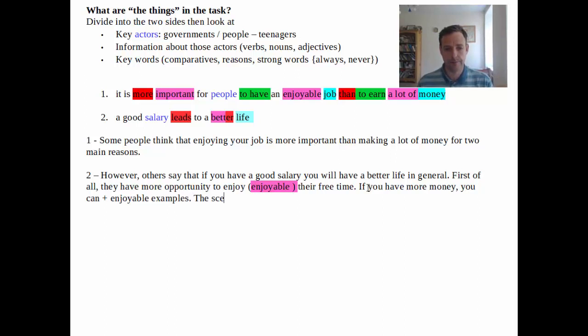The second reason is you will have less stress, less financial stress.